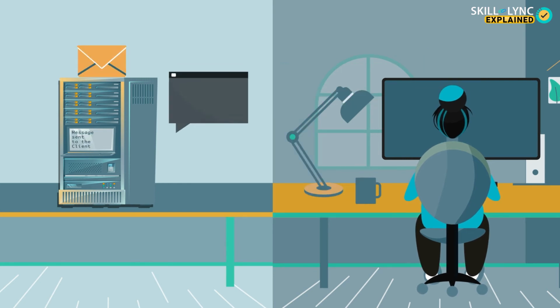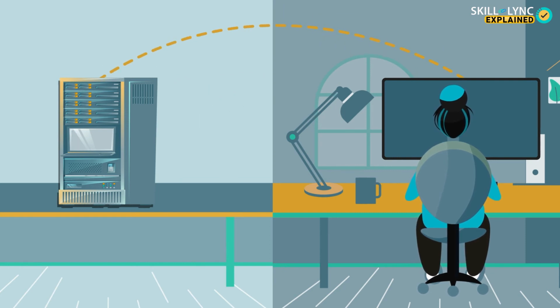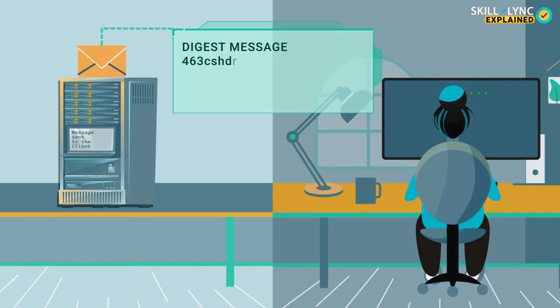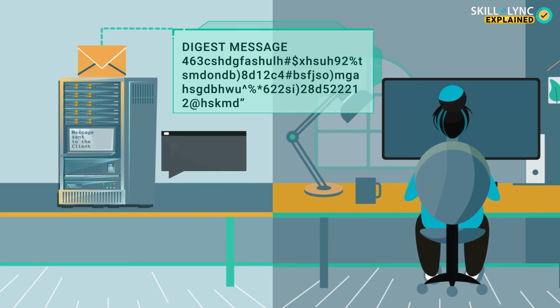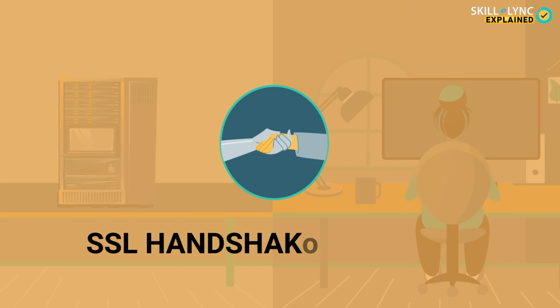The browser sends a similar ciphertext indicating that the messages are now encrypted. Finally, it also sends a digest message which includes all the messages that have been exchanged till now so that the server too can verify that the connection has not been tampered with. This completes the SSL handshake. The connection now established between the browser and the server is encrypted.